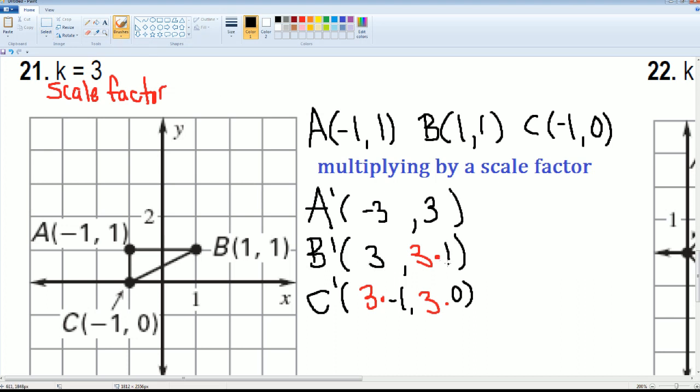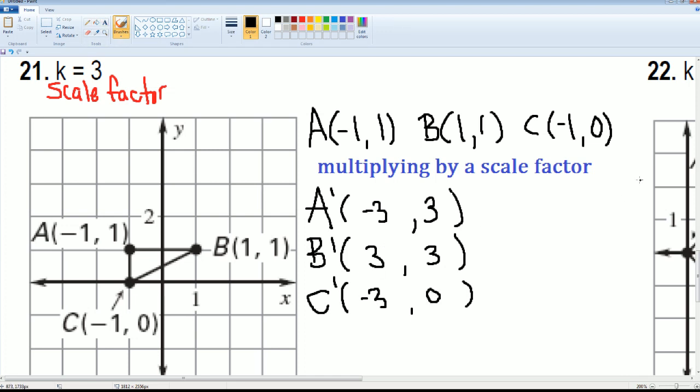What does 3 times 1 become? 3. You see, it's just simple multiplication here. What's 3 times -1? Again, if negatives trick you, plug it in a calculator. This is -3. What is 3 times 0? Again, plug it into a calculator. 3 times anything times 0 is just 0.